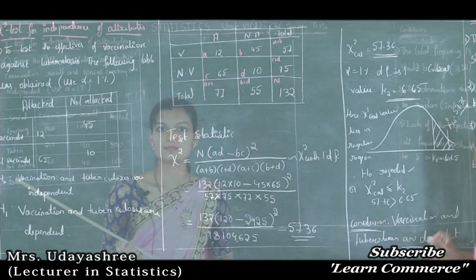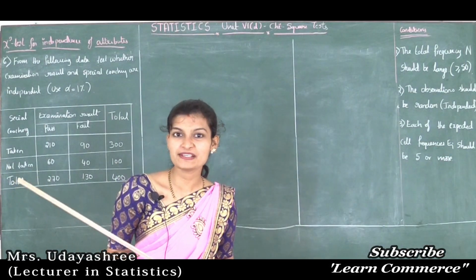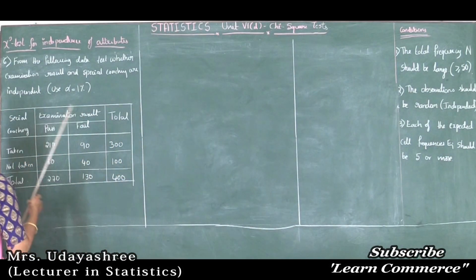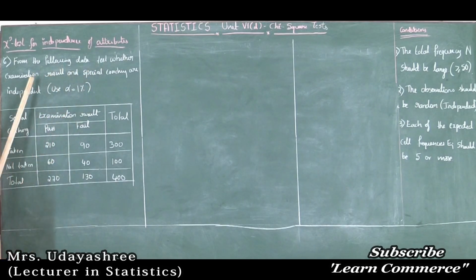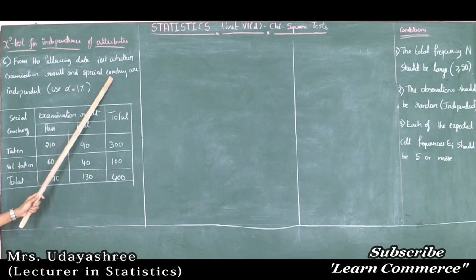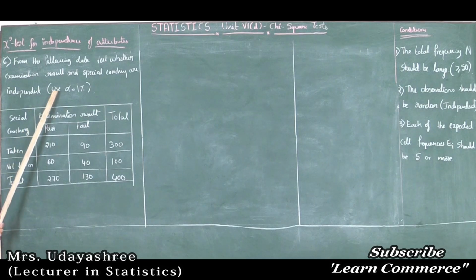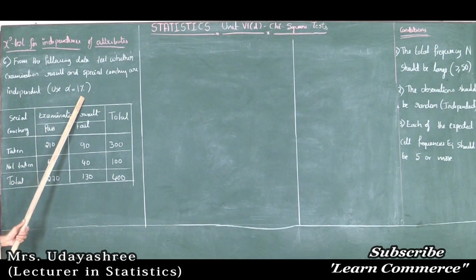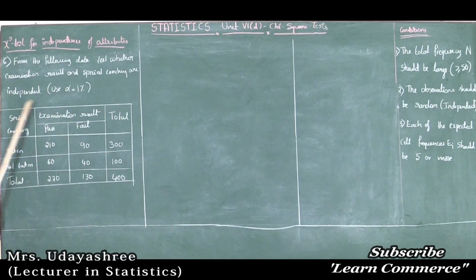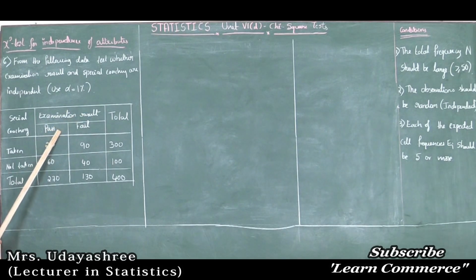This is the conclusion. Let's move to problem number 6: from the following data, test whether examination result and special coaching are independent, and use alpha equal to 1% level of significance. Here the given information is special coaching, taken and not taken, and examination results, pass and fail.